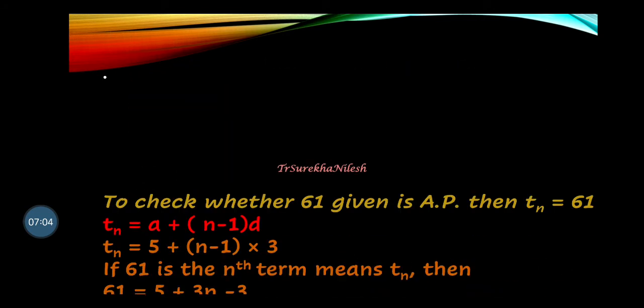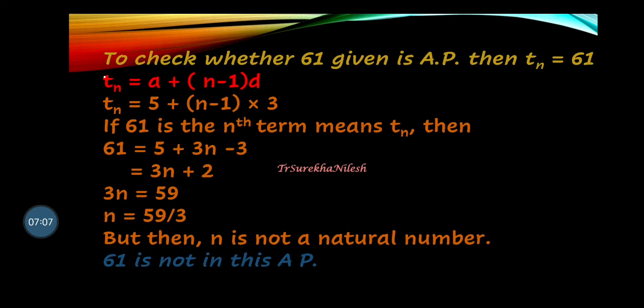The last part, to check whether 61 is in the AP, then Tn equal to 61. We will write our formula, Tn equal to a plus n minus 1 times d. Tn equal to 5 plus n minus 1 into 3. If 61 is the nth term, meaning Tn, then 61 equal to 5 plus 3n minus 3. 5 minus 3 we will get 2, that is 3n plus 2.